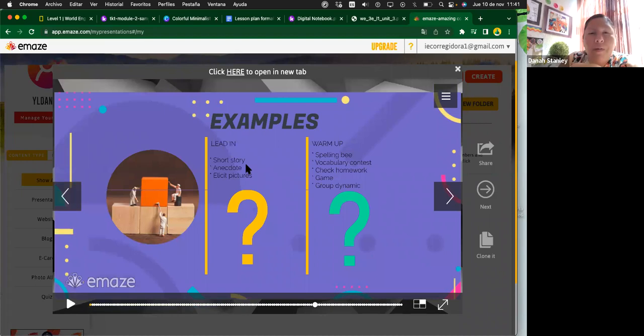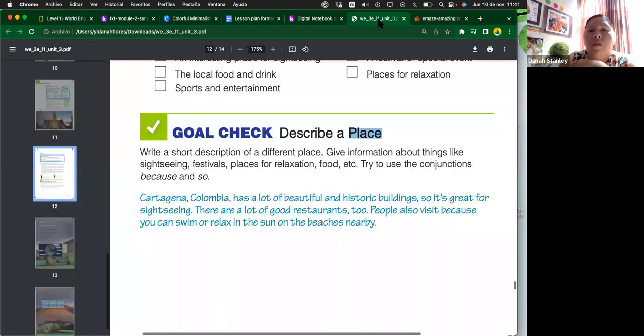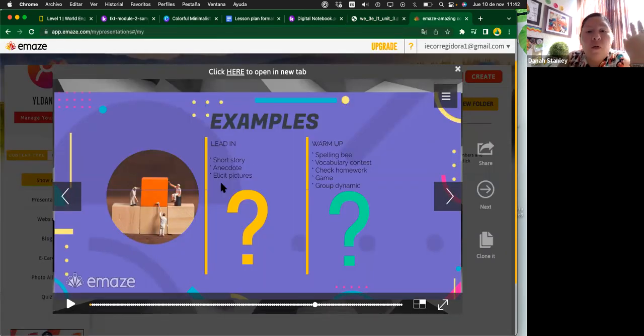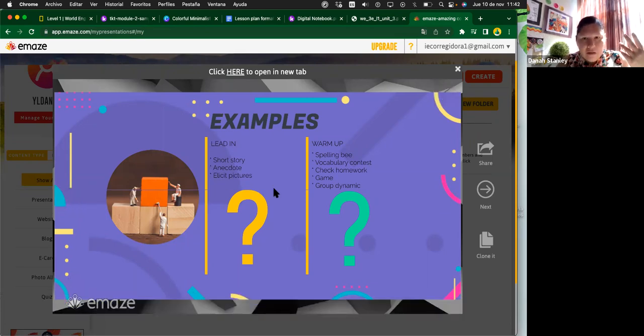Short story, anecdote, or eliciting pictures. Entonces, if they are going to describe a place they like or they would like to visit, what do you think from these 3 examples may be the best to lead in my activity?